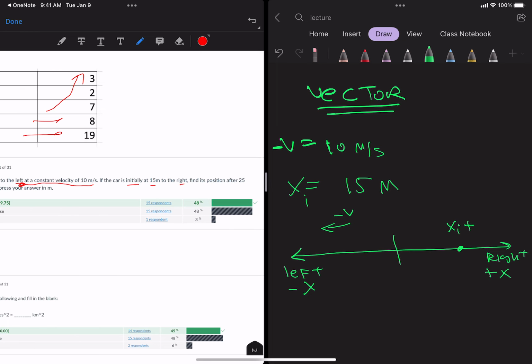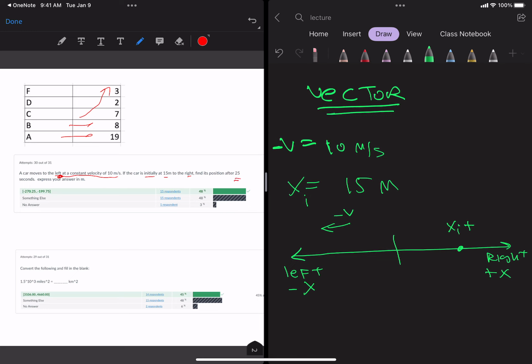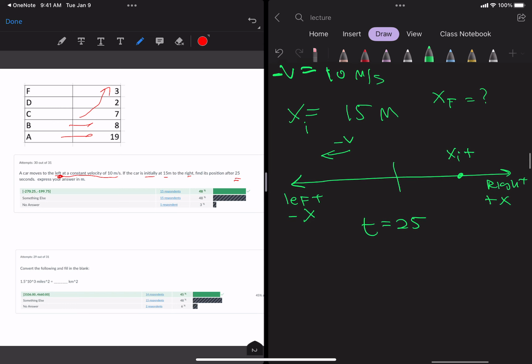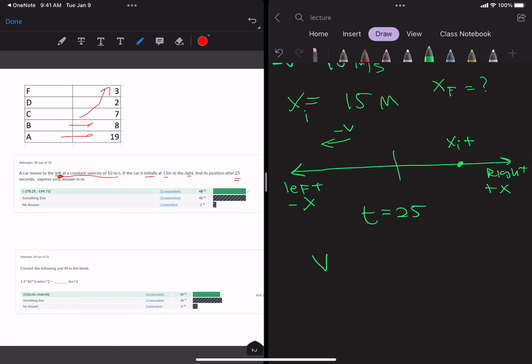And we want to find a position after 25 seconds. So we're trying to find just where it's located later on. So we're trying to find x final. And we're given a time of 25 seconds. So the equation to solve this one is just velocity is equal to final position minus initial position divided by time.